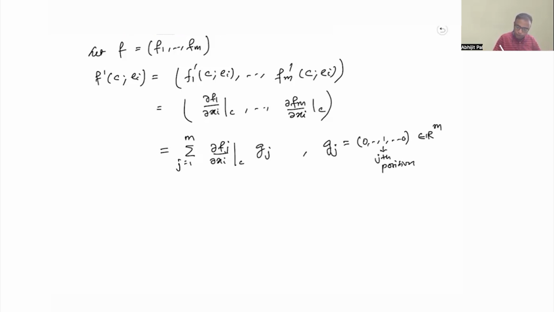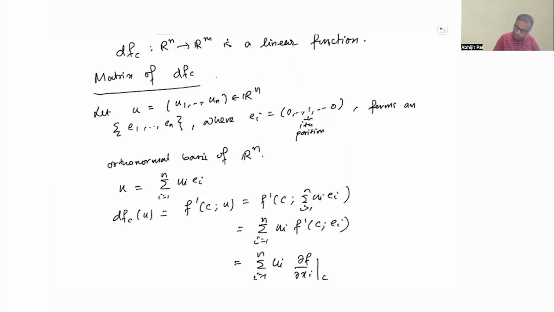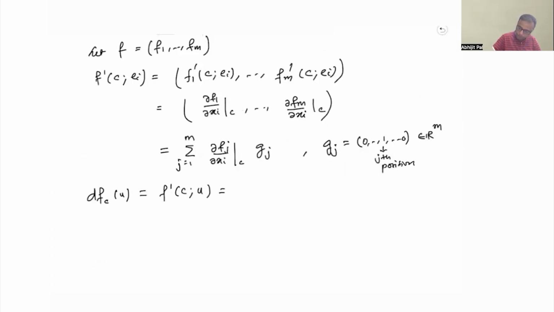Therefore df_c of u is equal to f prime c of u, and f prime c of u is again this linear combination. From here you will get this double summation: the partial derivative times ui gj. This is obtained from the equation star.